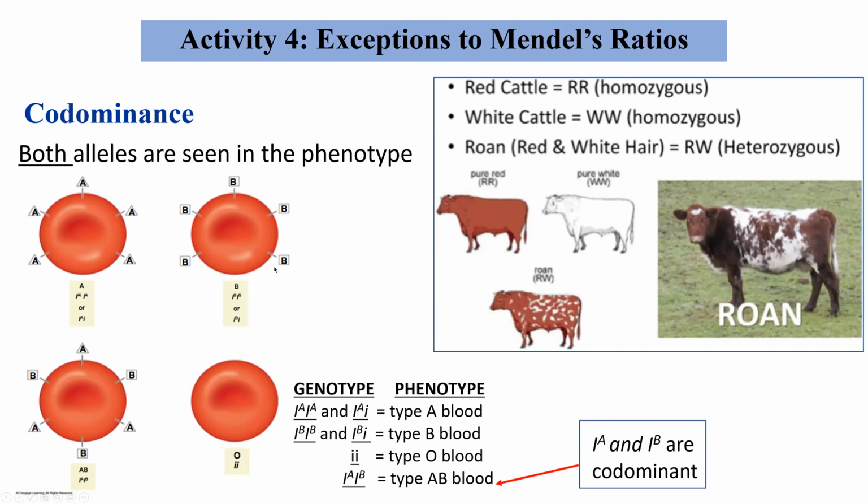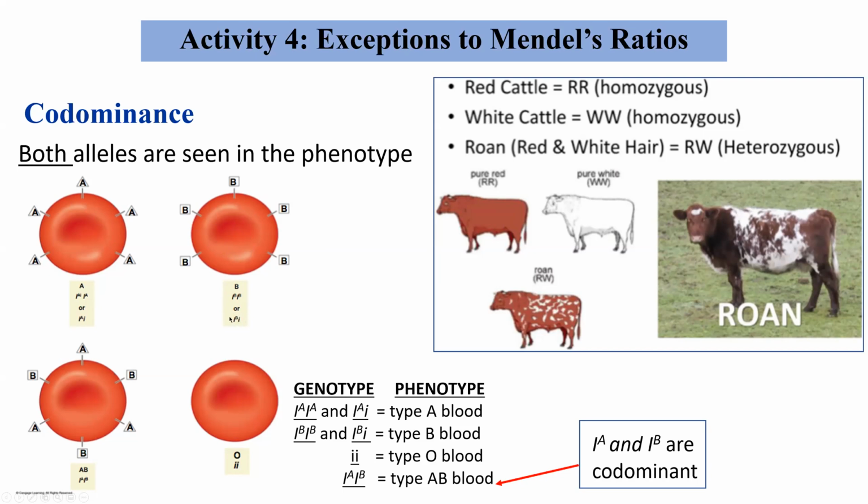The same thing is true for the type B blood, where you can have two homozygous alleles, represented as the capital IB, capital IB. So you would express these B proteins on the surface of your red blood cells, or you can have the genotype of a capital IB, lowercase i.